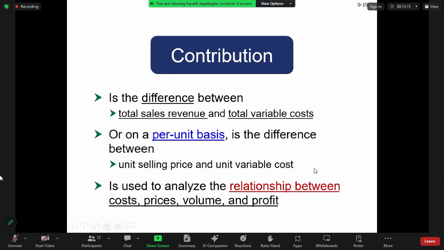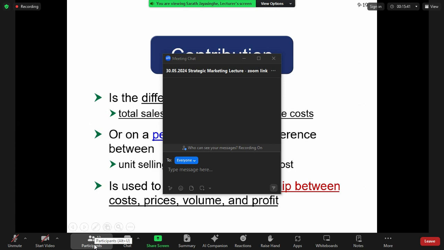Contribution is the difference between total sales revenue and total variable cost. On a per unit basis, it is the difference between unit selling price and unit variable cost.